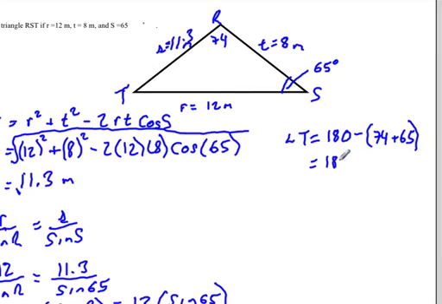So this is 180 minus 139. And so angle T is 41 degrees. So now we have all the angles and all the side lengths from the original information.